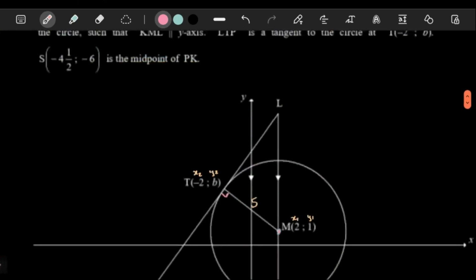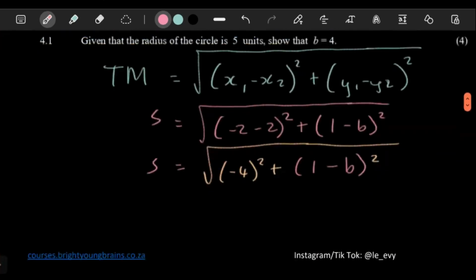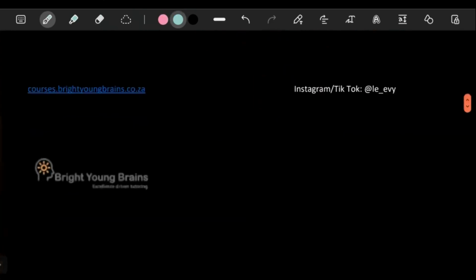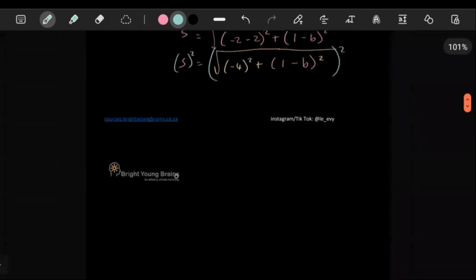It's equal to 5. So now when you're working out for b, you can actually just square both sides here. Square this side, square this side. And then you're obviously going to get 25 over here. The square root cancels that. Negative 4 squared is a 16.